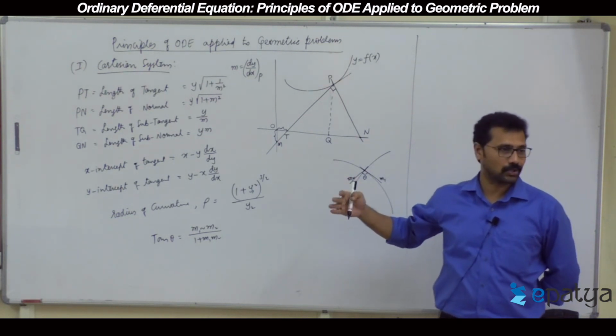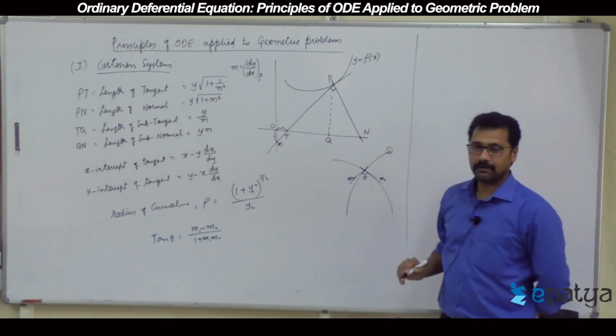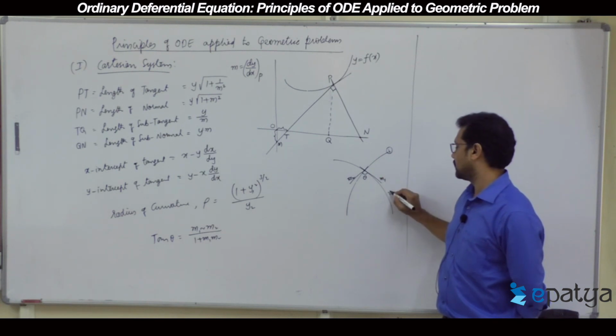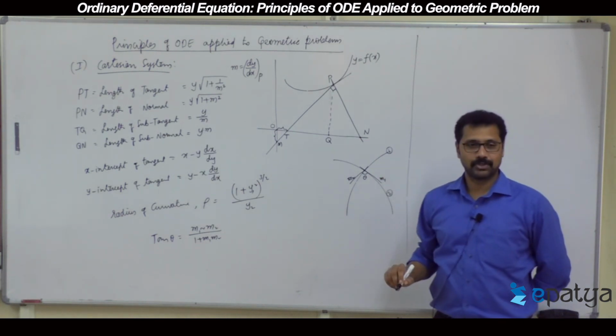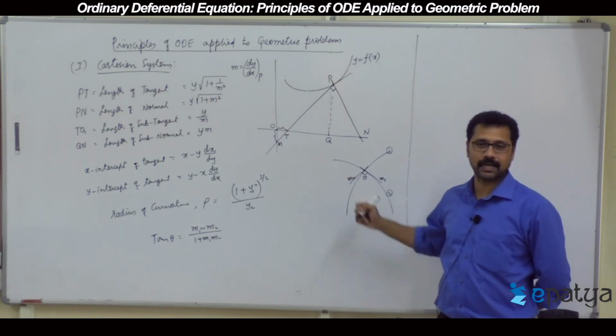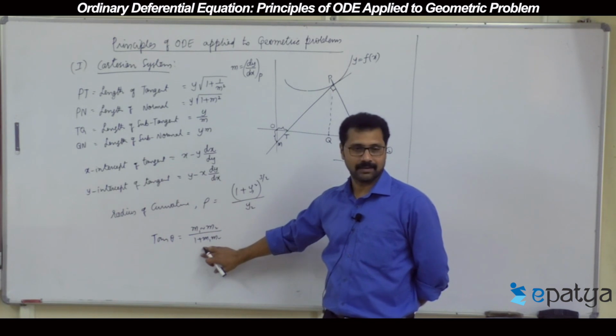Ortho, 90 degrees, orthogonal curve to the given curve. Given some curve 1, suppose, find a curve which intersects this curve orthogonally. Therefore, obviously at the point of intersection, the angle between them would be 90 degrees, in which case M1 M2 equal to minus 1.